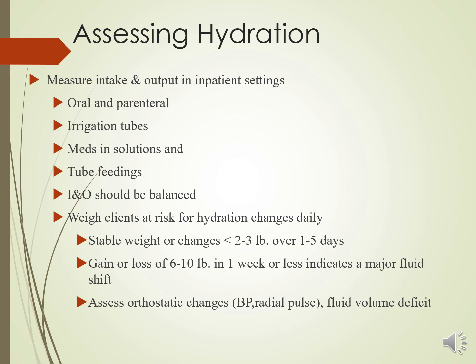We will expect whatever we put in is being processed and coming out in outputs. If your patient has stable weight, with changes of less than 2 to 3 pounds over 5 days, we're not really concerned about that. But if your patient gains or loses 6 to 10 pounds in a week or less, this is a pretty big fluid shift, and we would be paying attention to that.